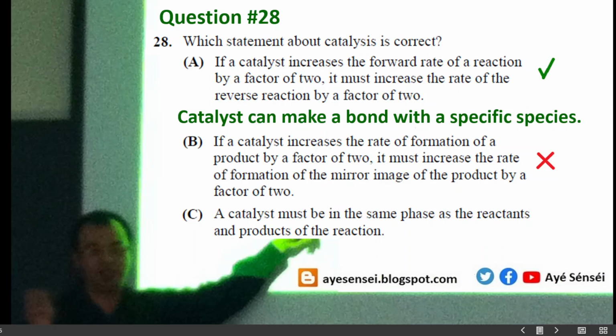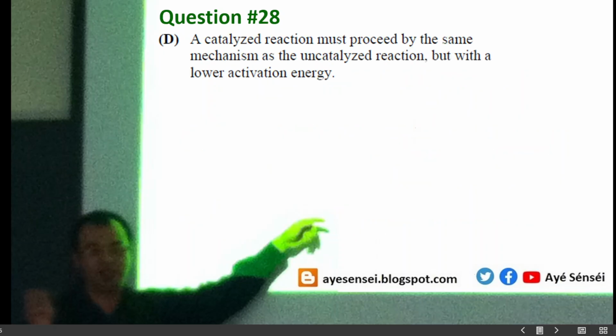One classic example is in the process of ammonia production. In the process of ammonia production from nitrogen and hydrogen, the catalyst used is in the solid phase. So this is incorrect.